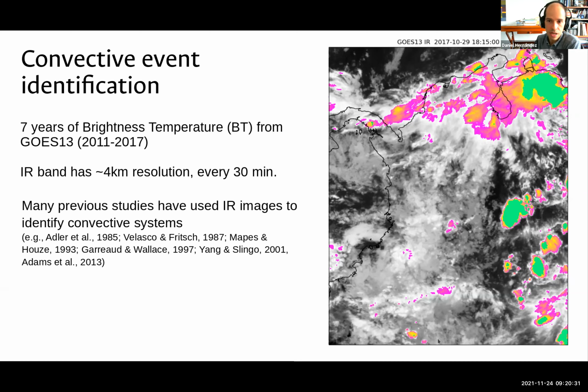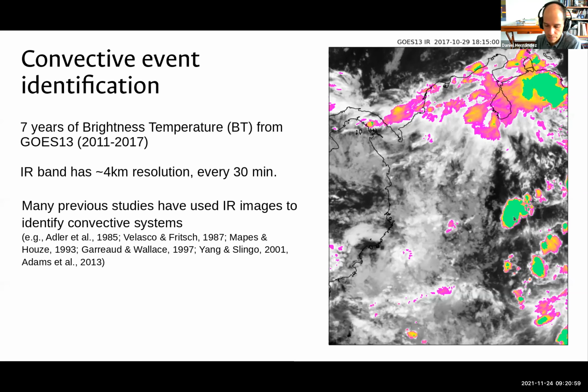This would be an example of one of these images over this part of the world, where I've colored in pink a particular threshold of temperature. Temperatures below that value are in pink, and that would be what I call these low brightness temperatures or cloud top temperatures, and then the green temperatures would be the even lower brightness temperatures.